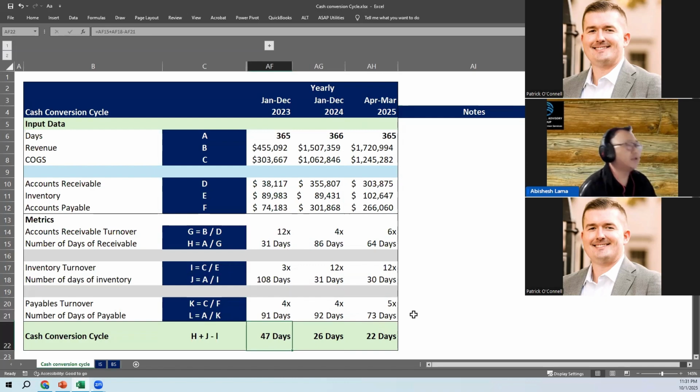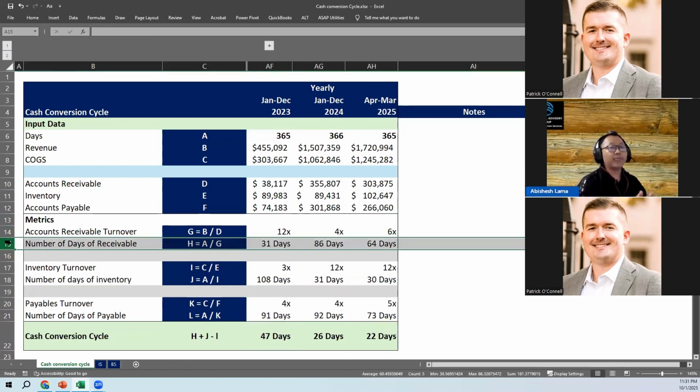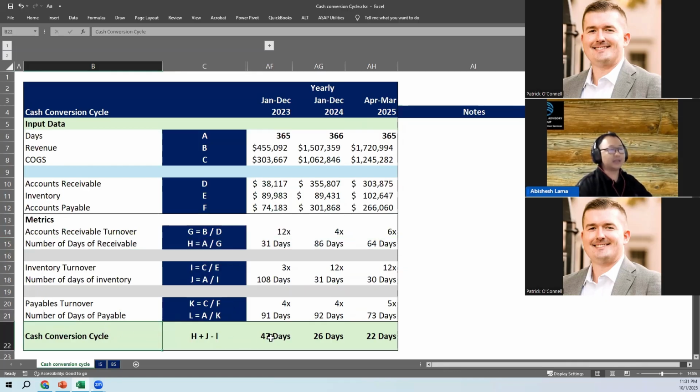So finally, once we have computed the three metrics, days sales outstanding, days inventory outstanding, and days payable outstanding, we would compute the cash conversion cycle.